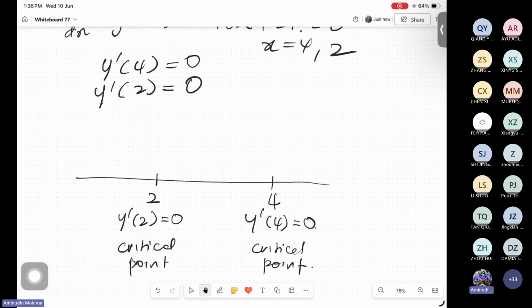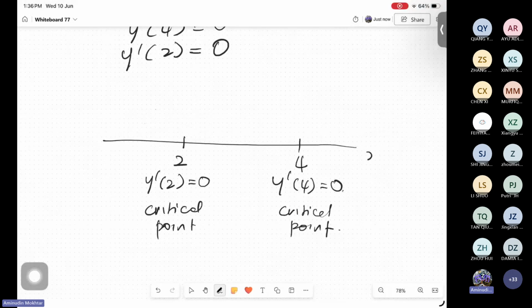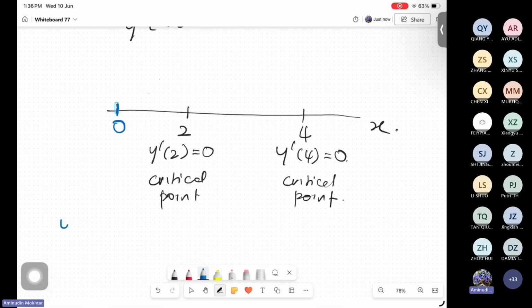So let's say I choose one value of x that is less than 2, let's say 0. So y prime, we know this equals 3x squared minus 18x plus 24.